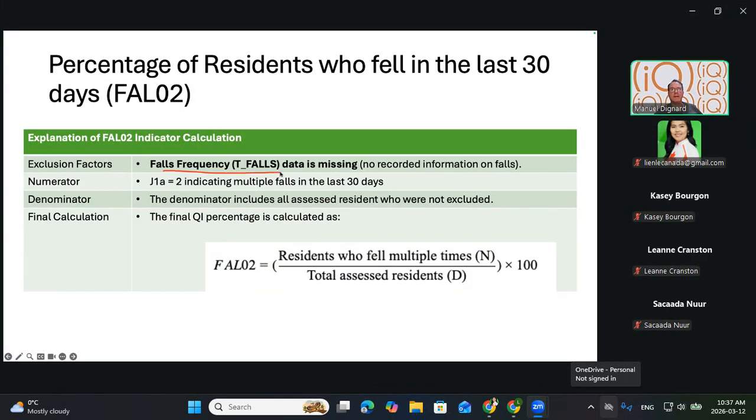So if any of the fall data is missing, they're not going to calculate, but there's no other exclusions. Even if you're end stage disease, even if you're palliative, if you fall, you will be part of that numerator. So as long as all of your section of data is completed, you will be part of that calculation.